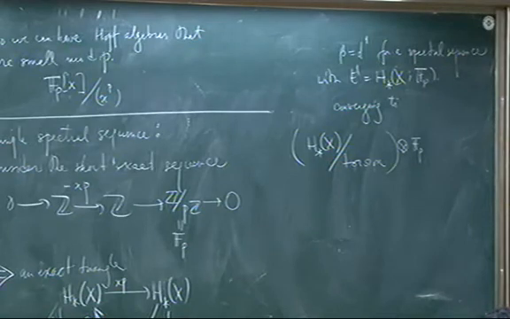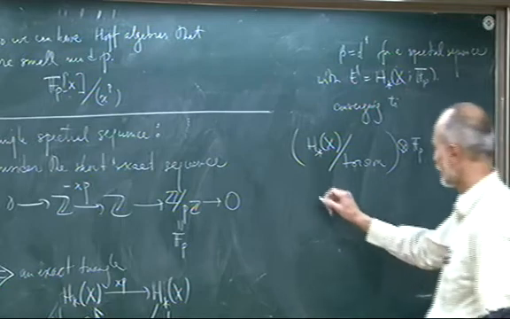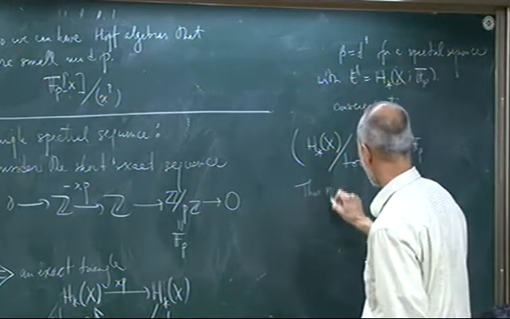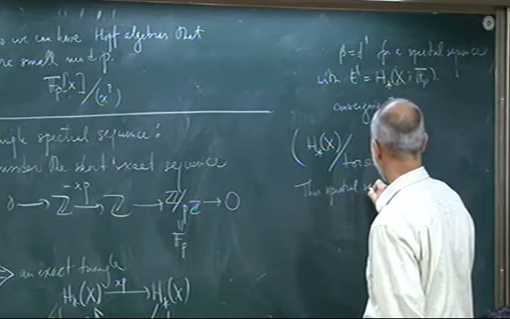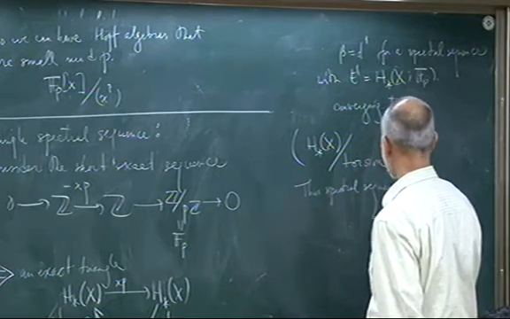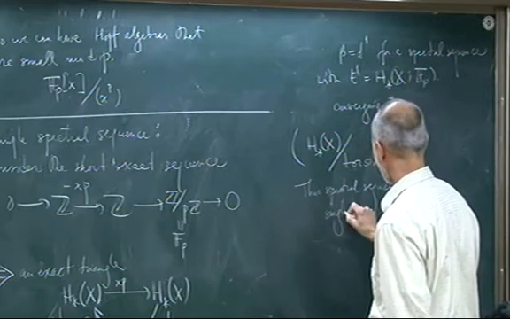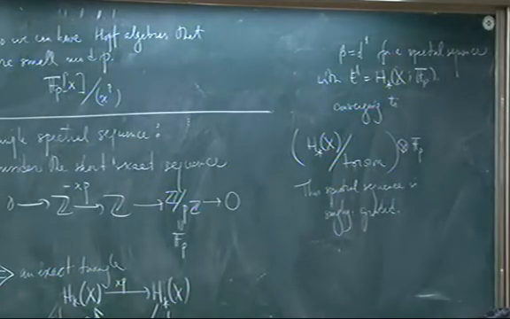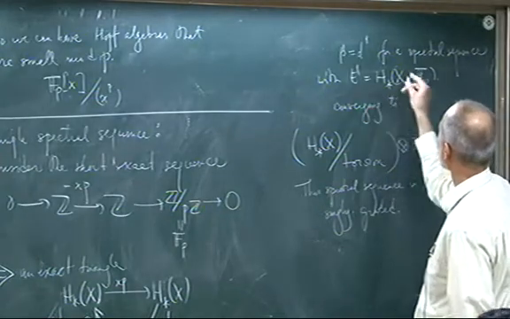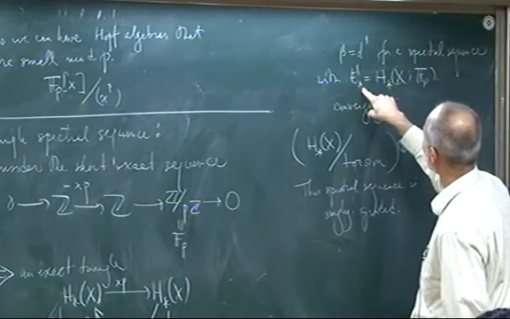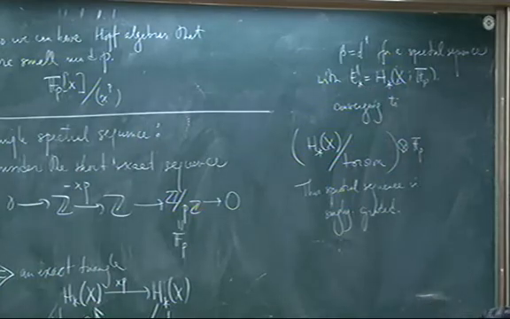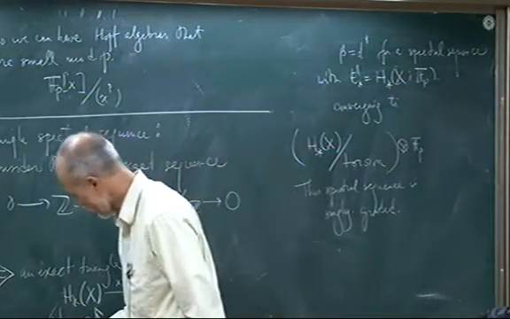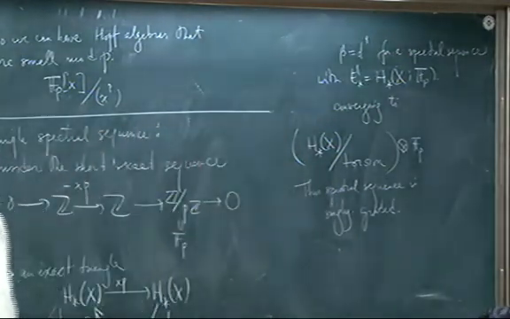So this is a very interesting spectral sequence. This spectral sequence is singly graded, so we don't have to do anything but put one grading down here, and the Bockstein, in this case, decreases degree by 1, and that's the whole story.